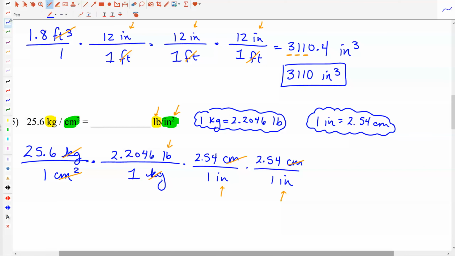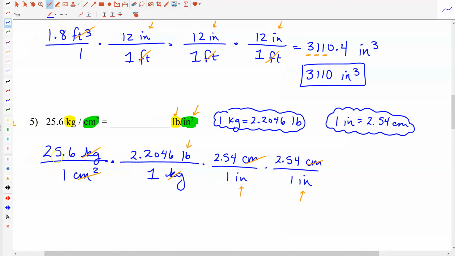Okay, very cool. So now that I know I have the right units, let's actually do the computation. So we're going to do 25.6 times 2.2046 times 2.54 times 2.54. Downstairs, I just have a whole bunch of ones, so there's nothing really exciting going on downstairs. When you pop that into your calculator, you get 364.11385, and there's some more numbers after that.